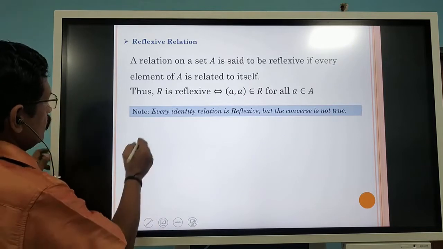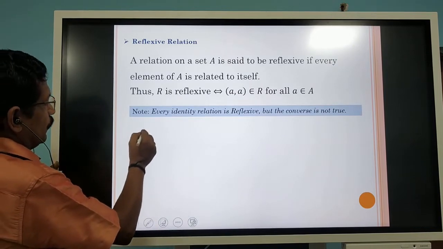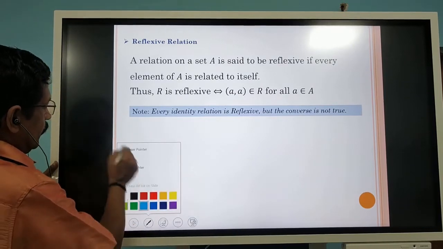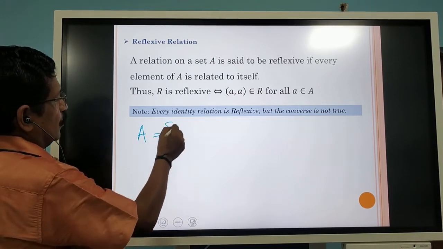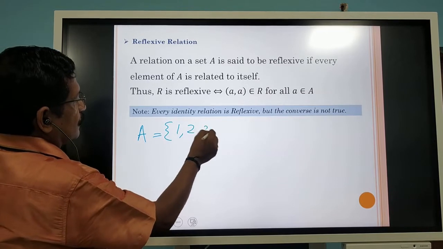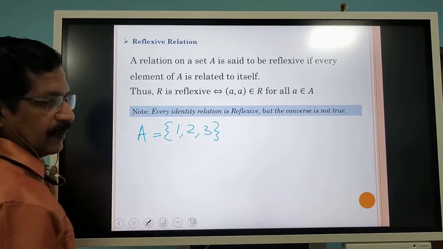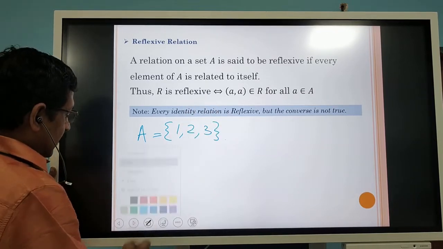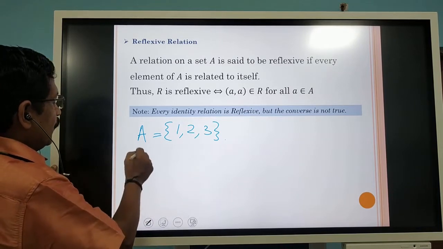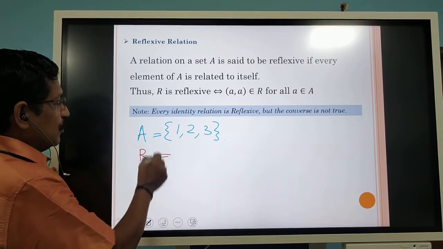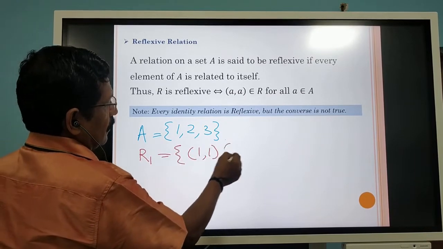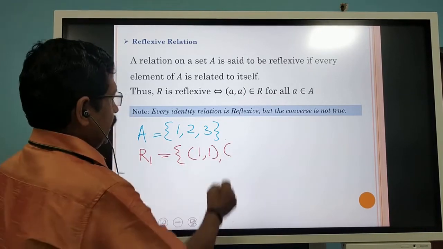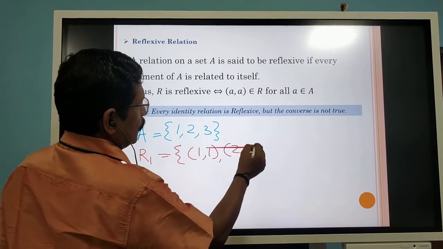Suppose set A is equal to the set {1, 2, 3}. I am taking R1, and R1 is equal to the ordered pairs (1, 1), that is, 1 is related to 1, and (2, 2).